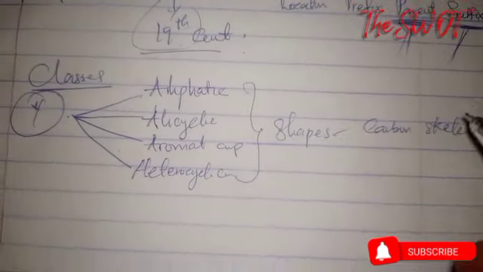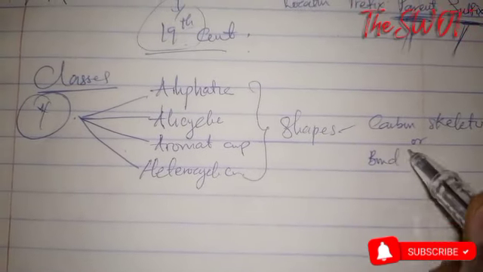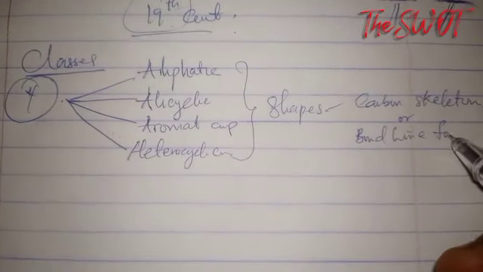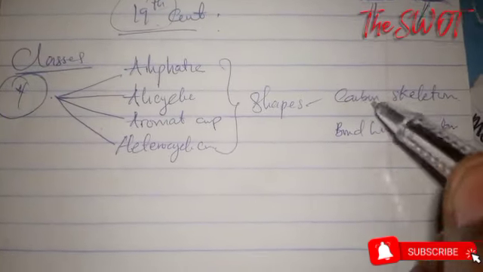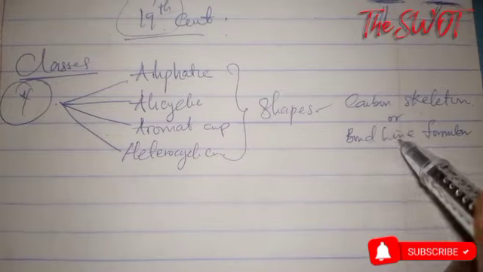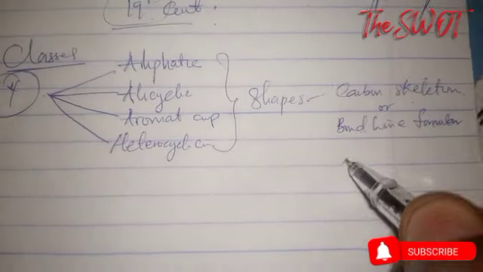What do I mean by carbon skeleton? Carbon skeleton can also be called bond line formula. Bond line formula or carbon skeleton means the same. Maybe for example, you have a structure like this.